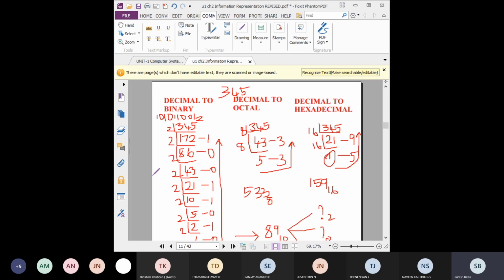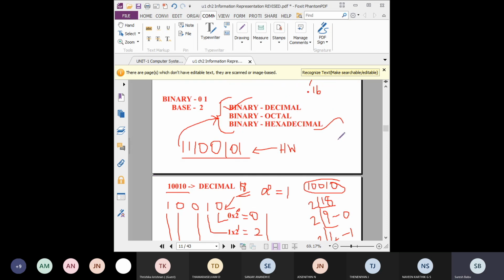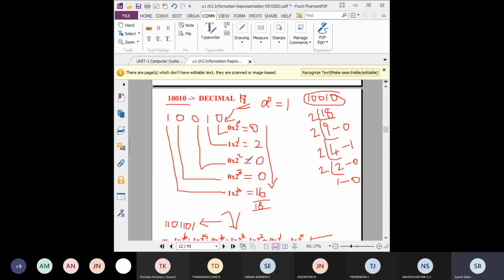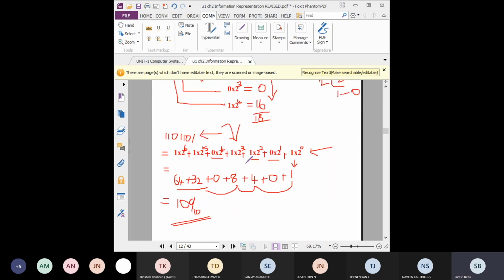Okay, the next one is binary to other number systems. Okay, so binary to decimal, octal, hexadecimal. This thing we should understand. Here also the same procedure, that is multiplying by powers of two and adding all the values will give you the equivalent value.